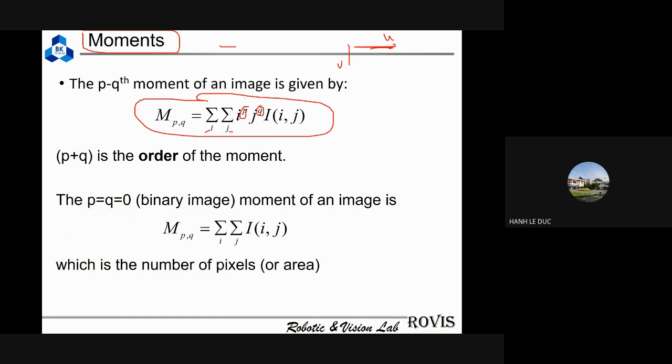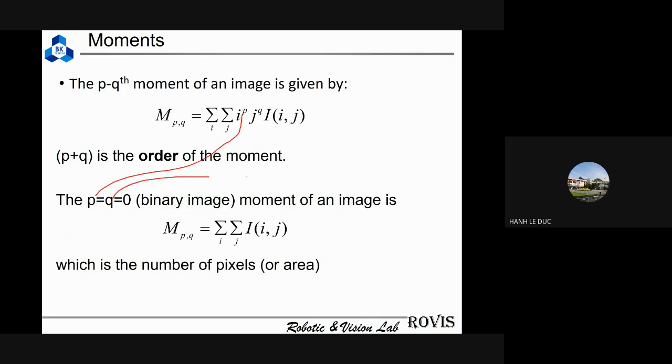Okay, so for example here, we have P equal to Q equal to 0. That means if we replace this into the equation, replace here and replace here, we have this equation. So this one will equal M00.